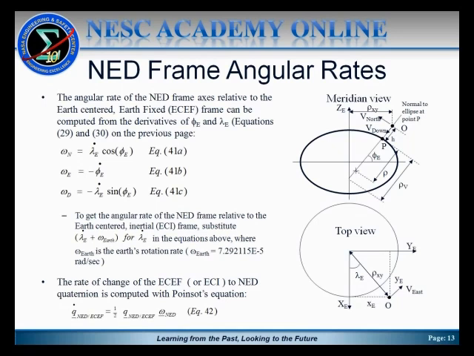But in summarizing, the rate of change of the quaternion for the northeast down frame relative to the Earth-centered Earth fixed would be 1/2 times the quaternion value itself multiplied by a quaternion representing the angular rate derived from equations 41 A, B, and C above. And again, those quaternions then can be integrated as well to get the quaternion at any time in the trajectory that you're simulating with the inertial navigation software.